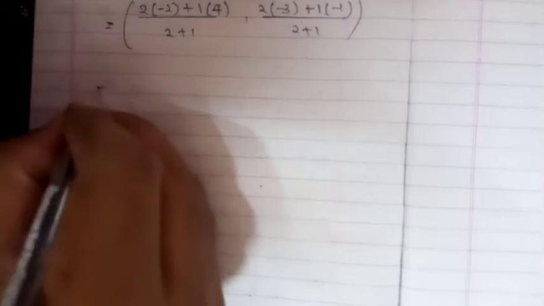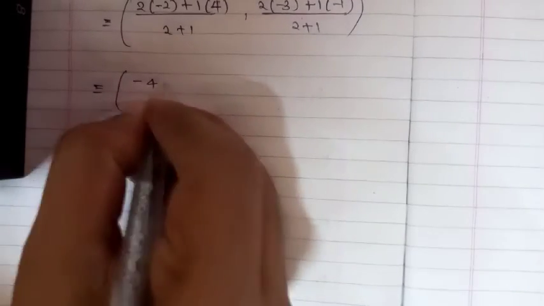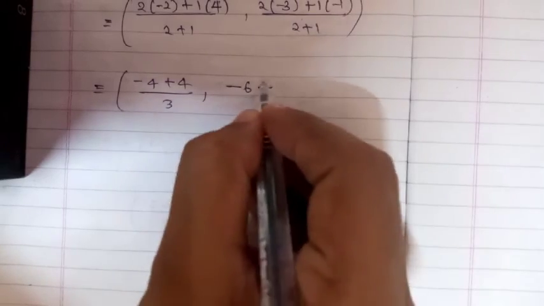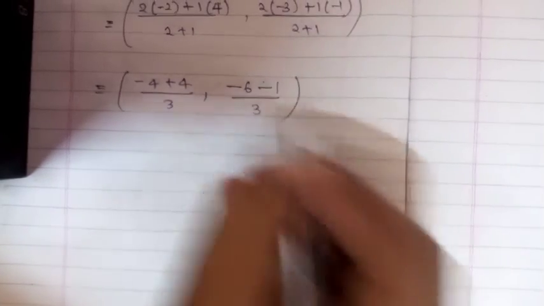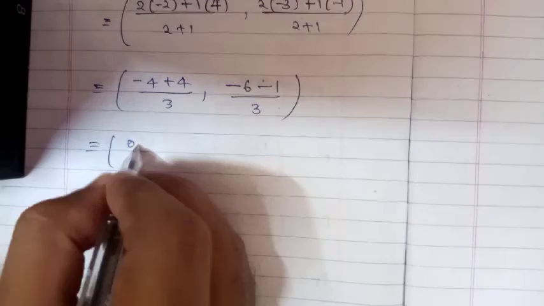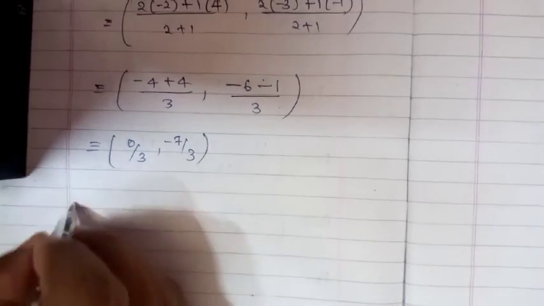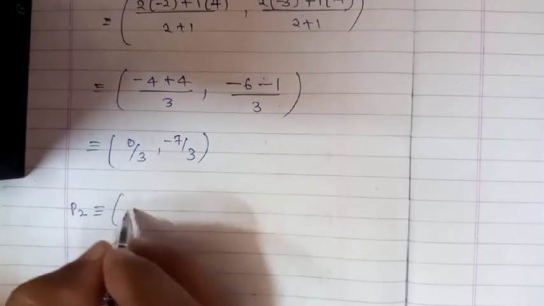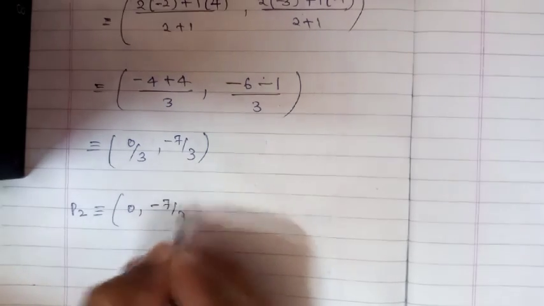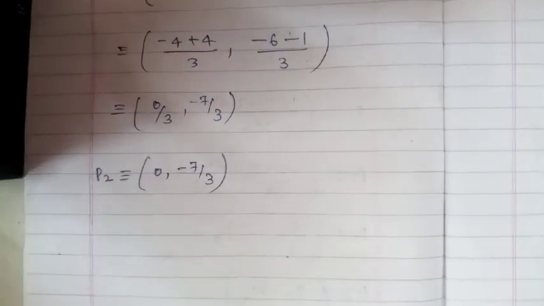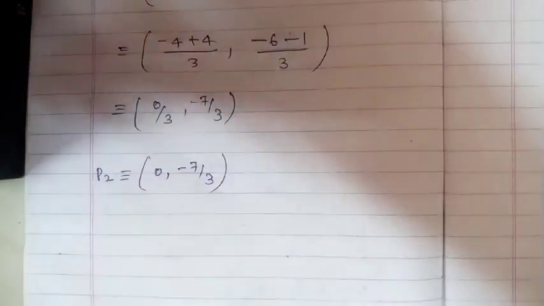Okay, so this will become minus 4 plus 4 upon 3 comma minus 6 minus 1 upon 3. So this will become 0 upon 3 comma minus 7 upon 3. So the P2 coordinate is equal to 0 comma minus 7 upon 3. This is the way you can identify the coordinate of point P2. Okay, thank you.